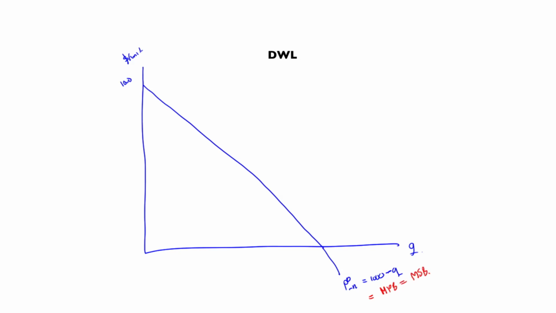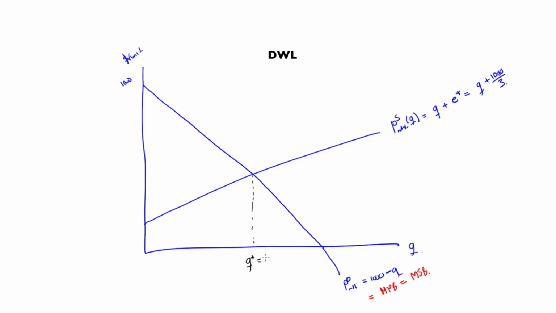The supply curve in this particular case, in inverse form, is Q plus E star, which is Q plus 1,000 divided by 3. The equilibrium is given by the intersection of these two curves and is at a quantity of 1,000 divided by 3.